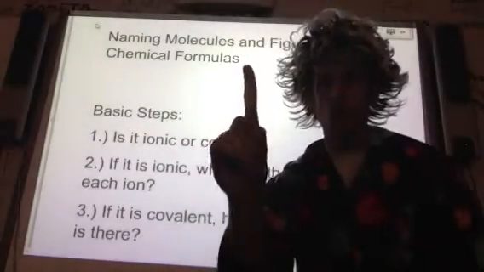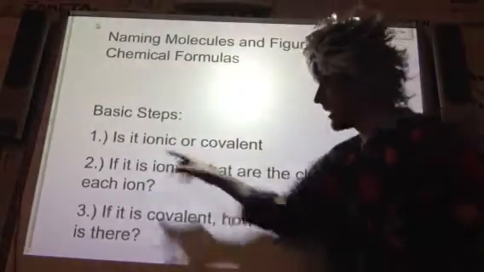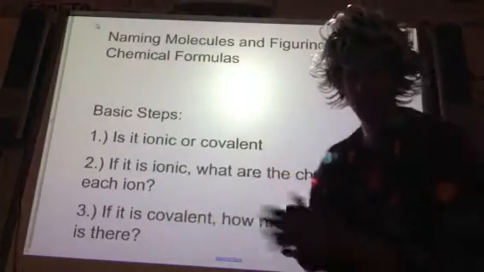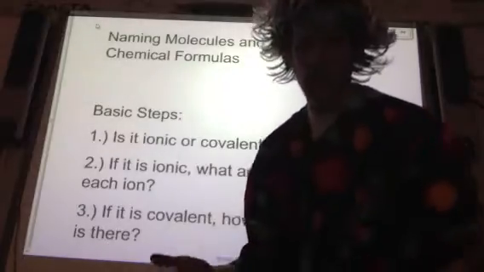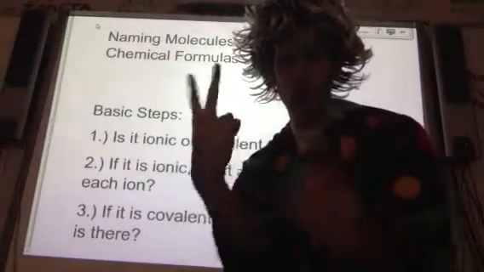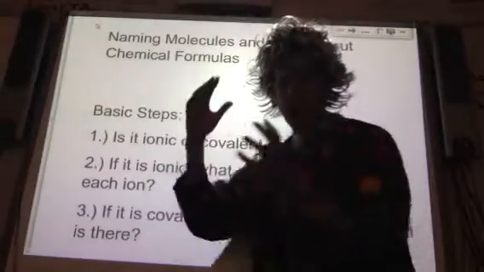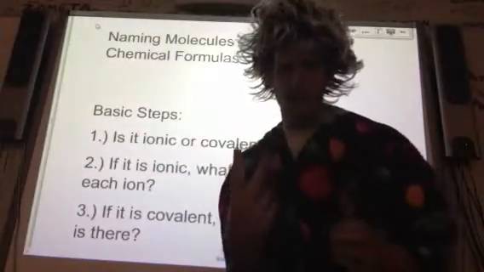Step numero uno. Is it ionic or covalent? We all know what those types of bonds are. Ionic bonds are between two ions. Covalent bonds are between two nonmetals.